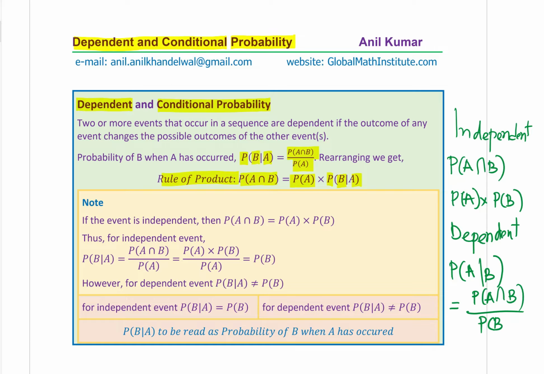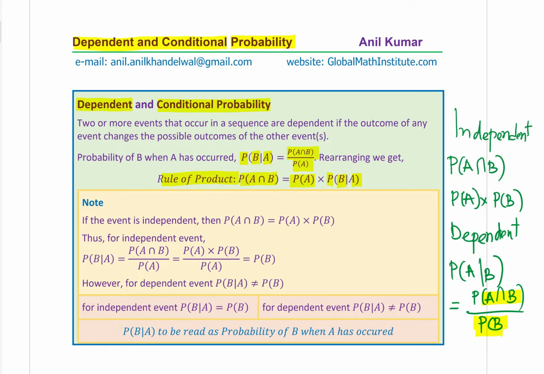That goes in the denominator, so that becomes your sample space. When you're talking about conditional probability, the probability of what has happened is your new sample space. And within that sample space, we are looking into the probability of what is going to happen for a new event, which is dependent on that event. So I hope this concept is absolutely clear.